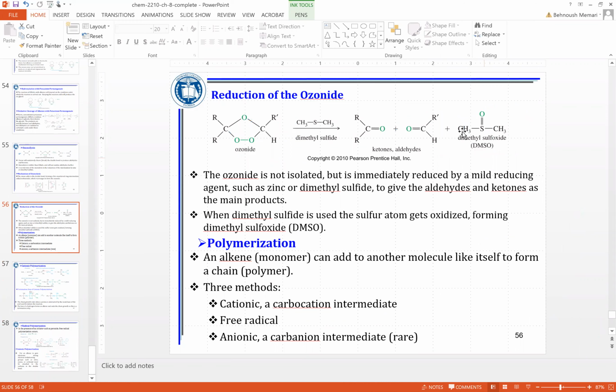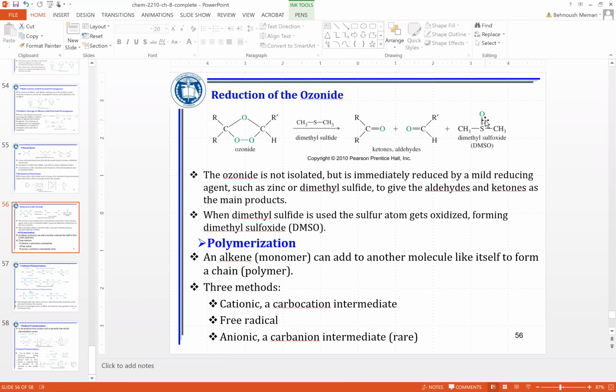Okay, so this is basically explaining why the aldehyde would stay as aldehyde: the dimethyl sulfide is going to take the extra oxygen and change to sulfoxide, DMSO, dimethyl sulfoxide.